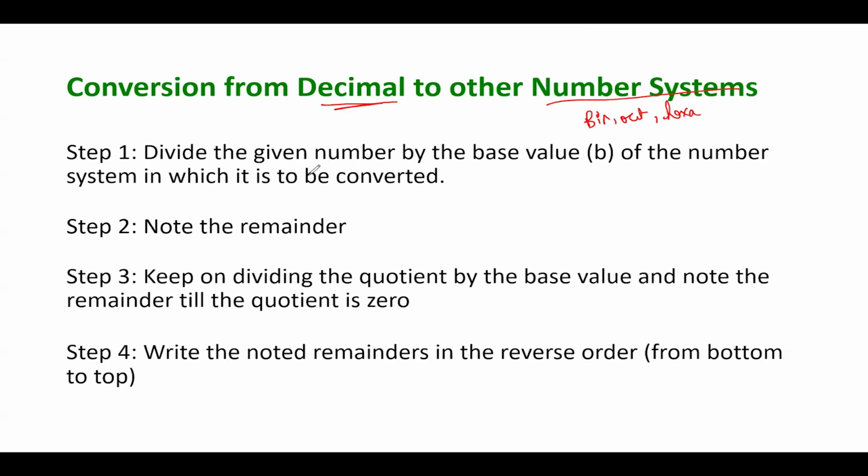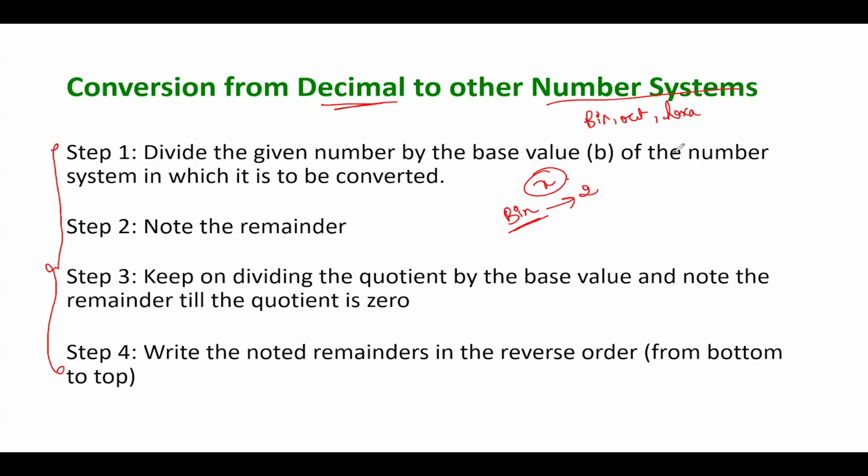Okay, so the basic steps, 4 steps, in order to do the conversion from a decimal number to another number system: we will divide the number by the base value of the number system to which it is to be converted. Suppose I want to convert my decimal number x into binary, then I will divide it by 2.